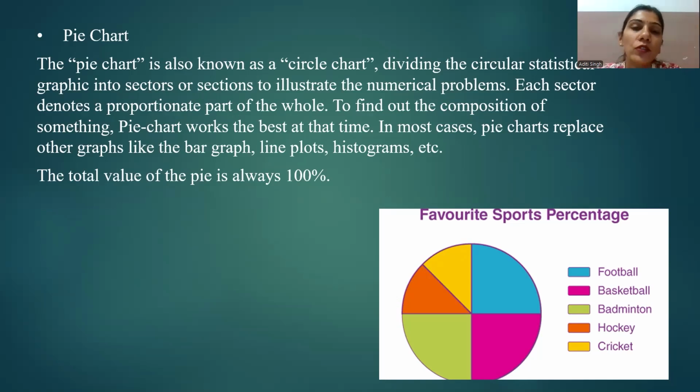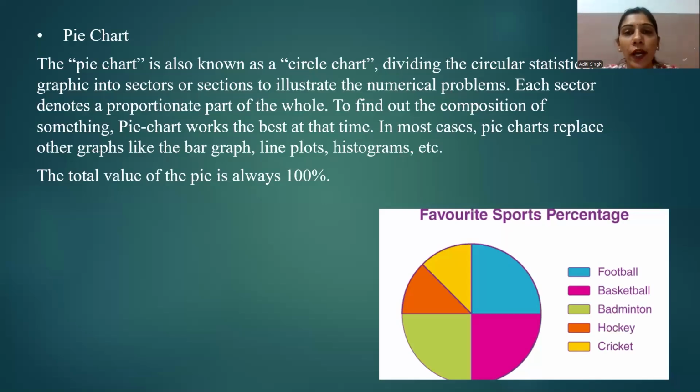A pie chart is also known as a circle chart, which divides circular statistics into sectors or sections which can illustrate numerical problems. Each sector denotes a proportional part of the whole data.